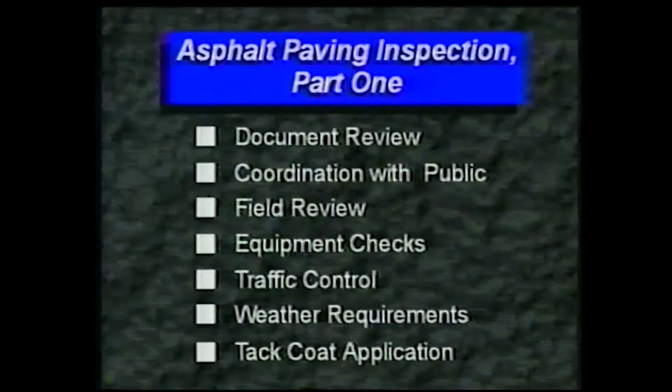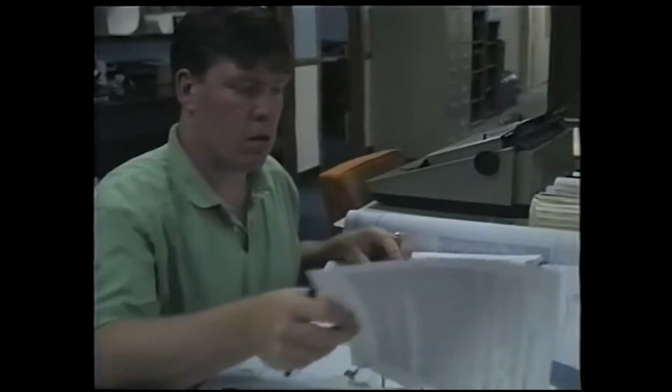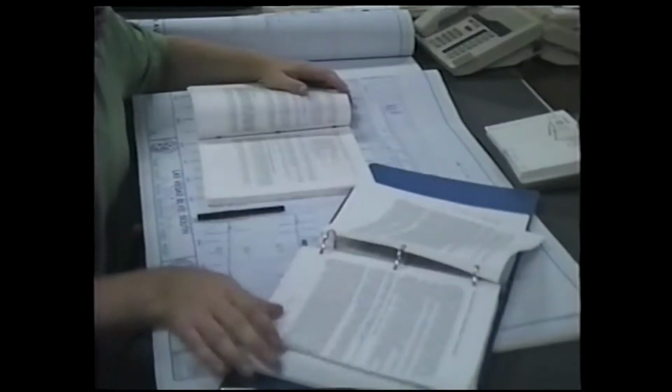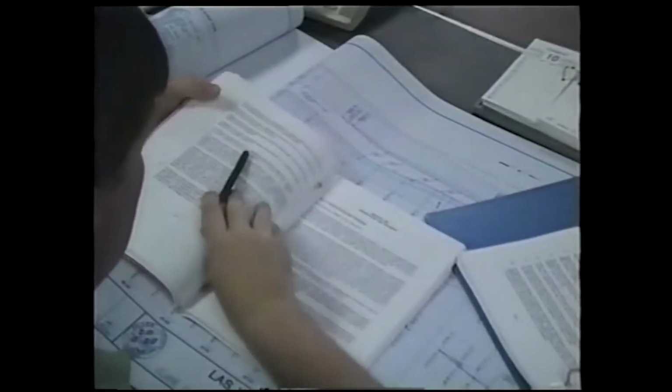So let's get started. Document review. First, as with any project, review the contract documents. This includes your agency's bid specifications, including amendments, any special provisions, the appropriate sections of the construction manual, and the traffic control plan.